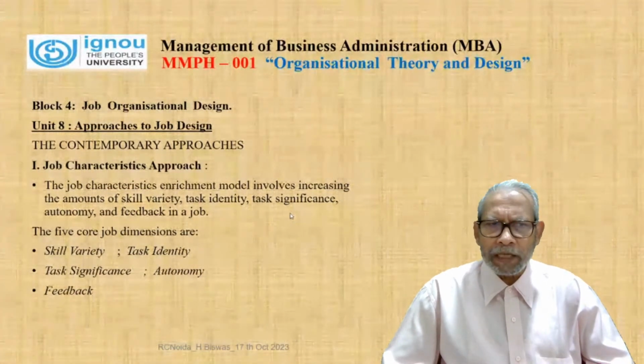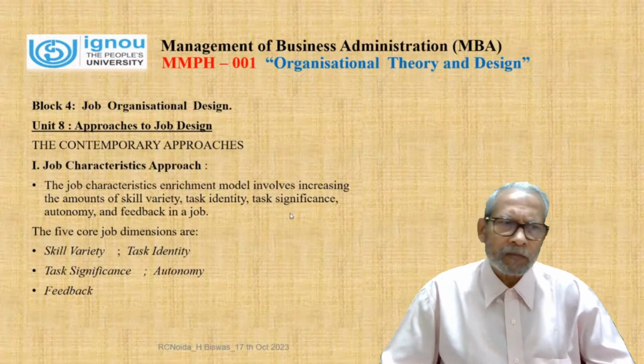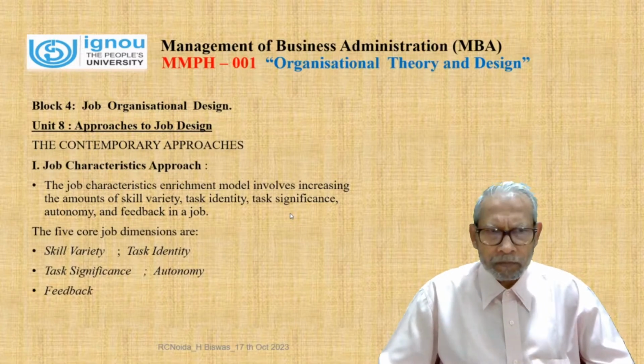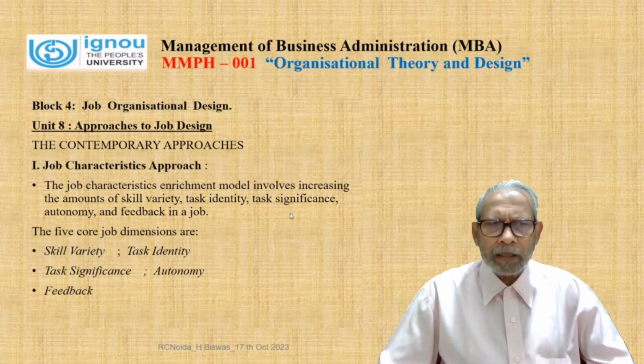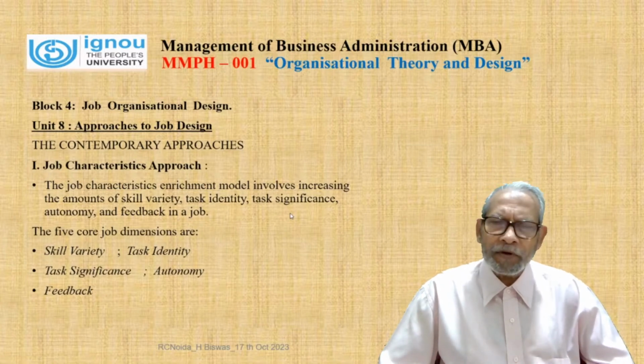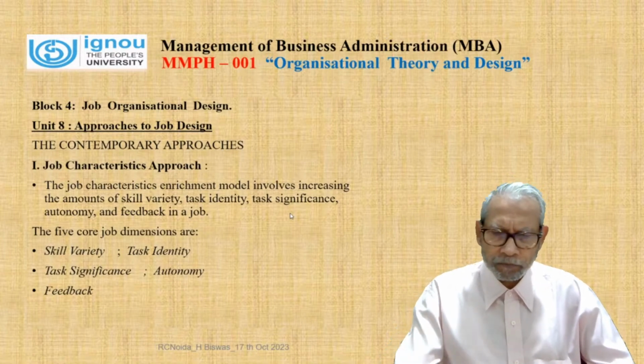There are five core job dimensions. One of the dimensions is skill variety. Then task identity, task significance, autonomy, and feedback. There are five dimensions of this.